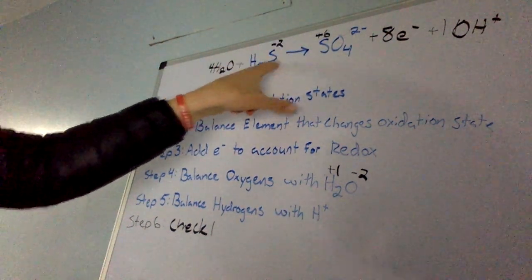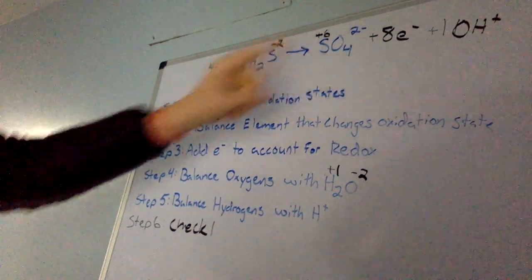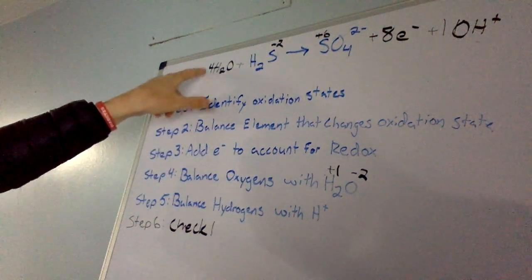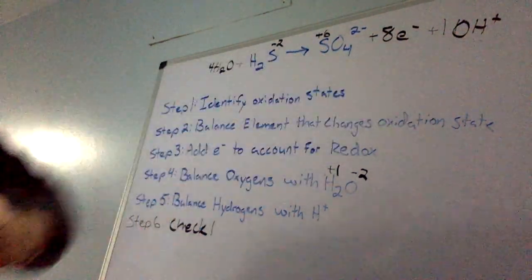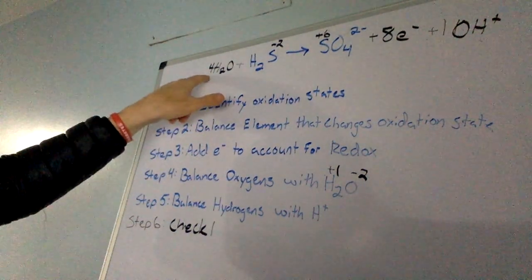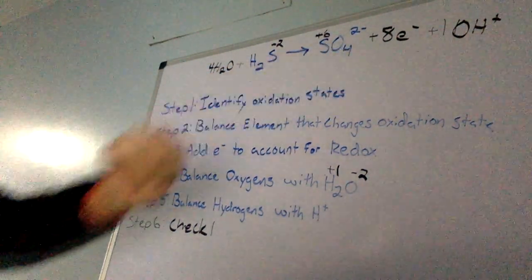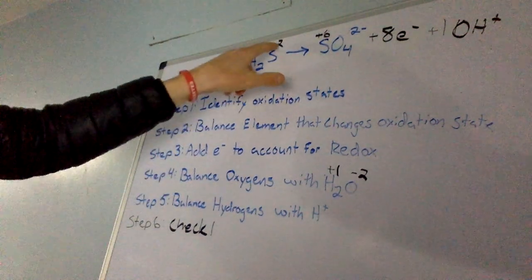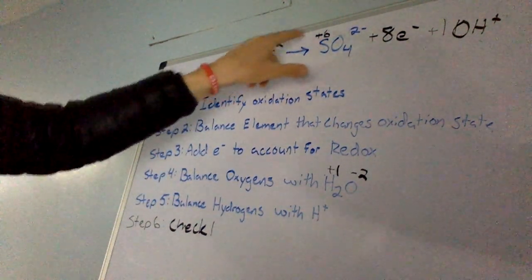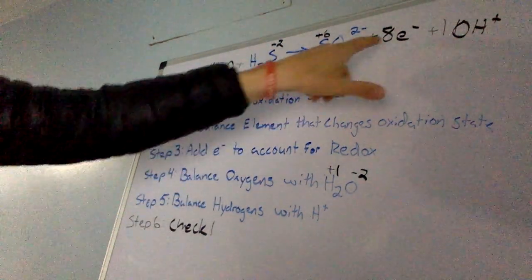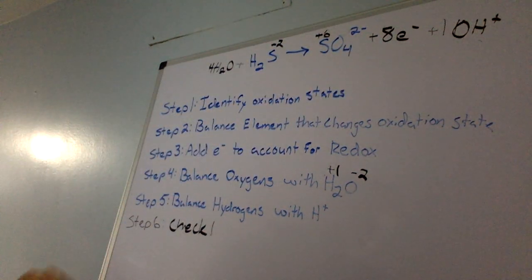I have 1 sulfur on this side, 1 sulfur on the right side. My hydrogens are balanced. I have 8 plus 2, that's 10, so I have 10 hydrogens over on the right-hand side. I have 4 oxygens. My charges balance because I have a -2 here, a +6 there. That's 8 electrons difference, and I have 8 electrons over here.